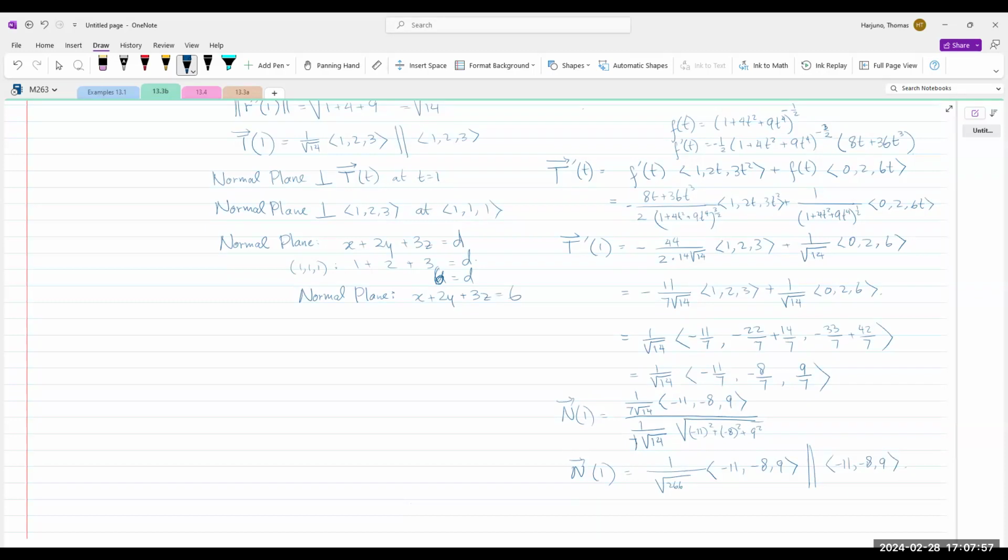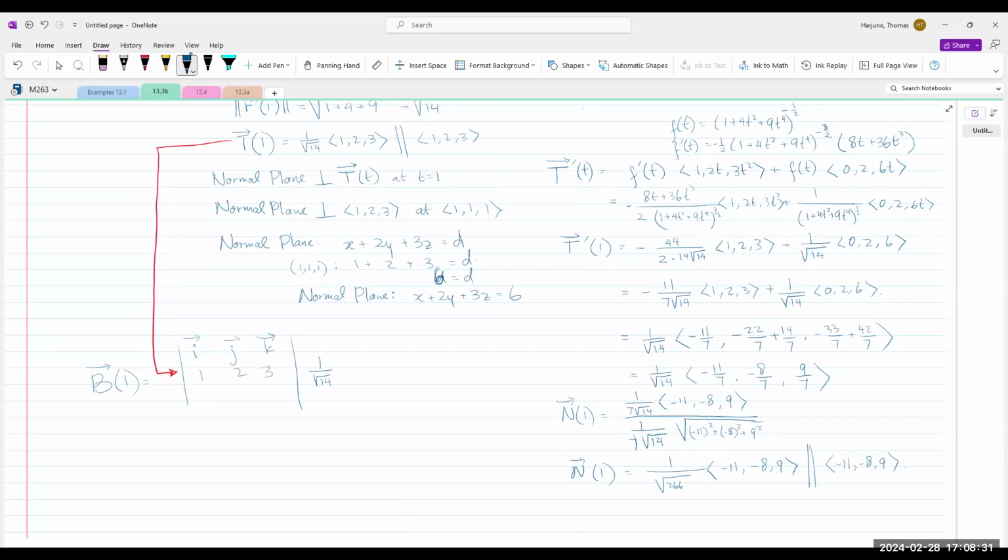Okay, now why? Because our binormal vector at 1 is equal to i j k of the normal vector and tangent at 1. Let me mark it, tangent at 1, which is, let me factor 1 over square root of 14 out, and 1, 2, 3.